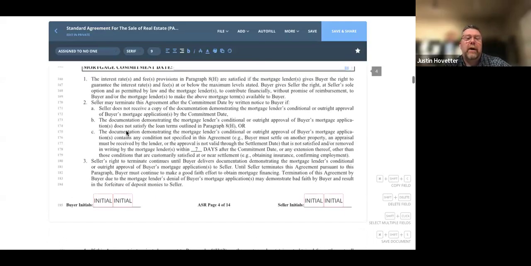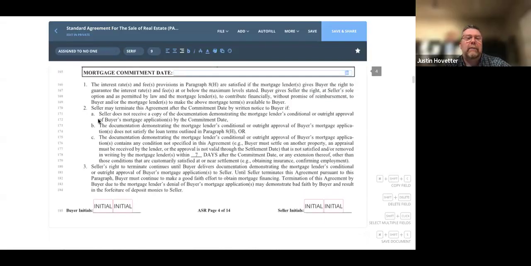So, Beth, we were talking about that mortgage commitment date. The seller may terminate this agreement after the commitment date by written notice to the buyer if A, B, or C. A, seller doesn't receive a copy of the documentation demonstrating the mortgage lender's conditional or outright approval of the buyer's mortgage application by the commitment date. It says conditional or outright.